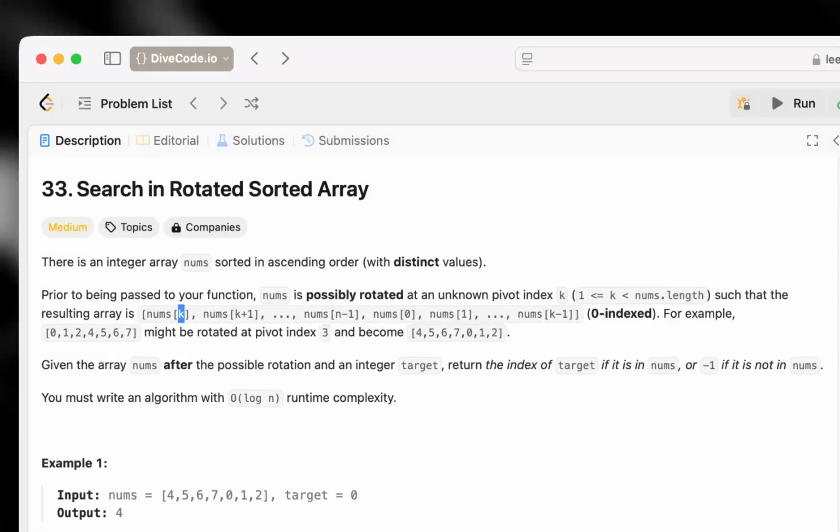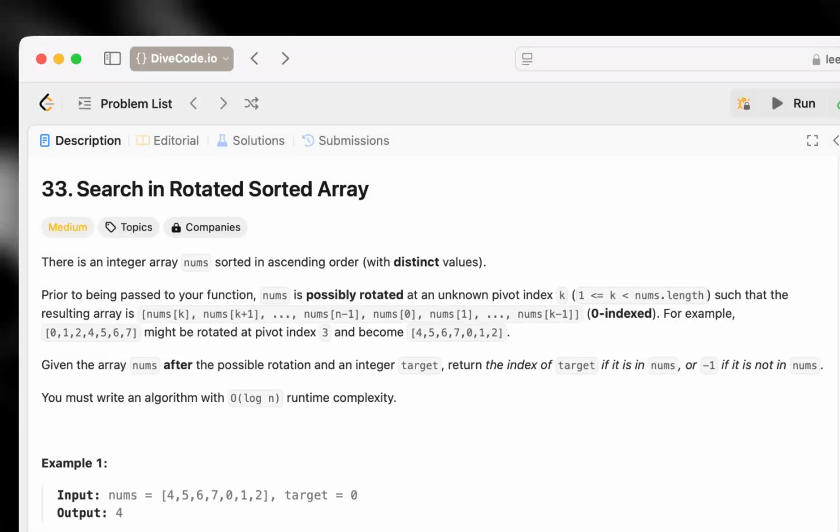So we'll have nums[1] here, nums[2] here, and in the end, we will have nums[0], for example. The array 0 to 7 can be rotated to 4, 5, 6, 7, 0, 1, 2.